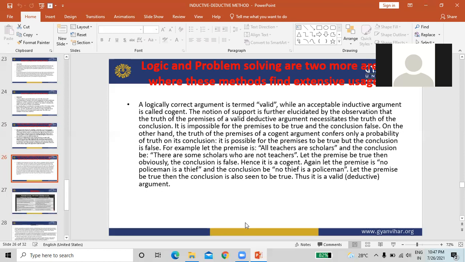Hence, it is cogent. Again, let the premise be no policeman is a thief, and the conclusion be no thief is a policeman. Let the premise be true, then the conclusion is also seen to be true. This is a valid argument.